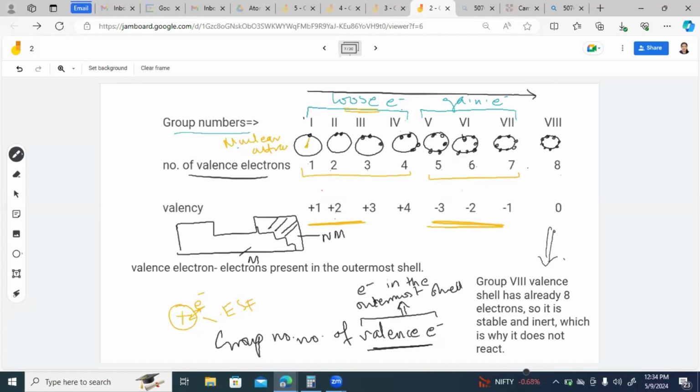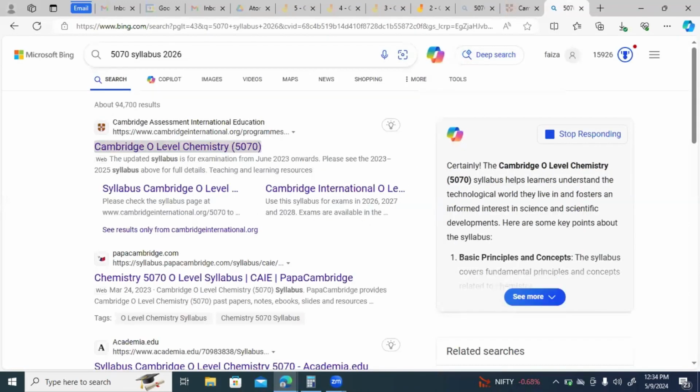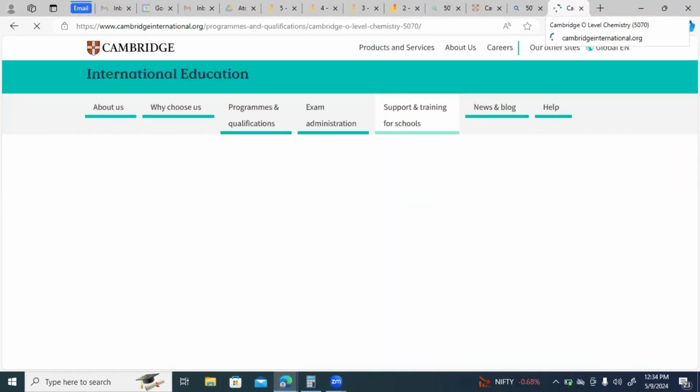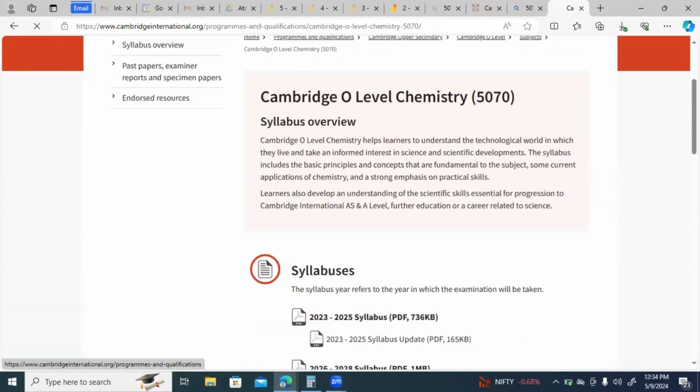So all of these would be the non-metals and all of these would be the metals. There was once a question in the CIE that asked you to draw the dot and cross model of.